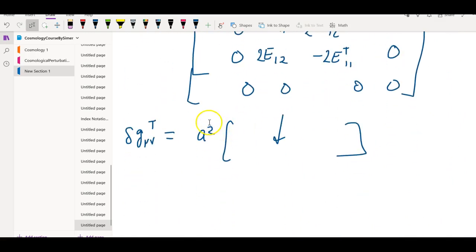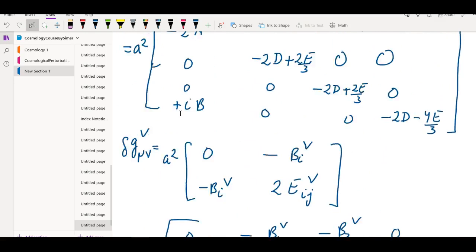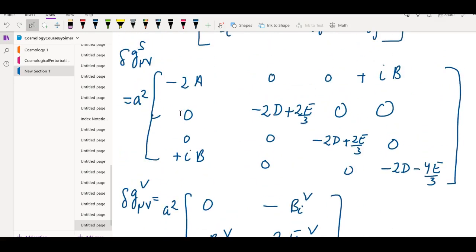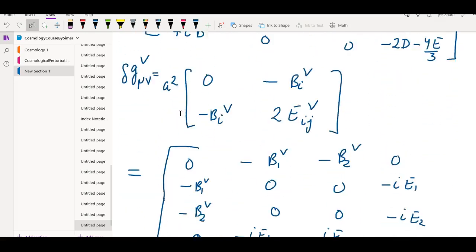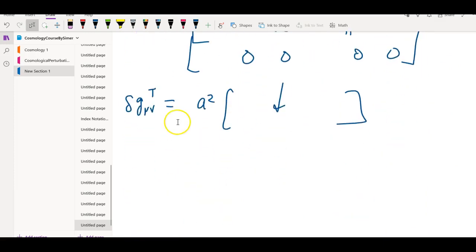But then we'll come back to tensor perturbations also, and we will come back to this question again, how come these modes are separated from each other, because when we say separation, we mean that there is no interference from the other modes. Okay. Thank you.